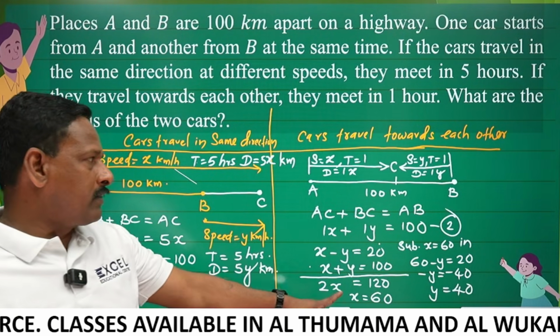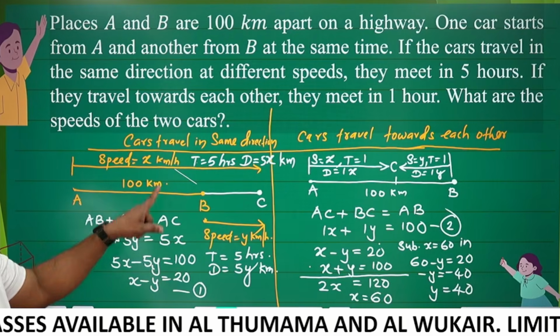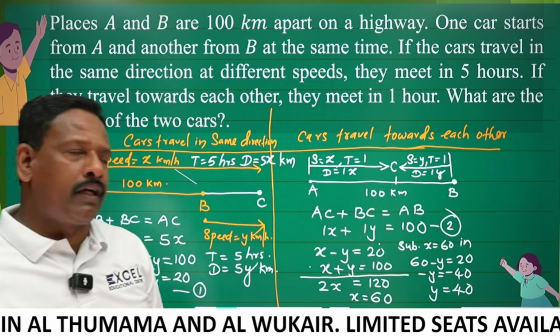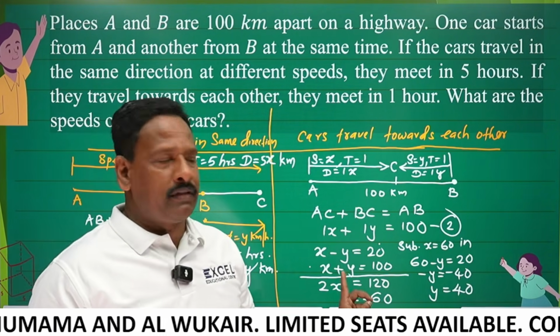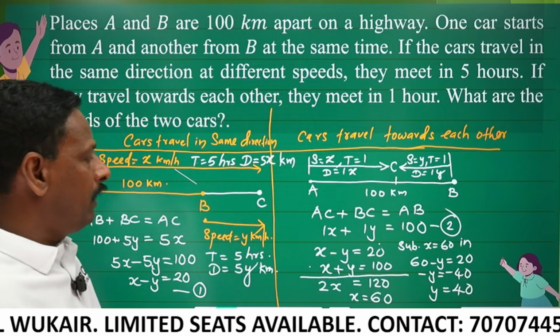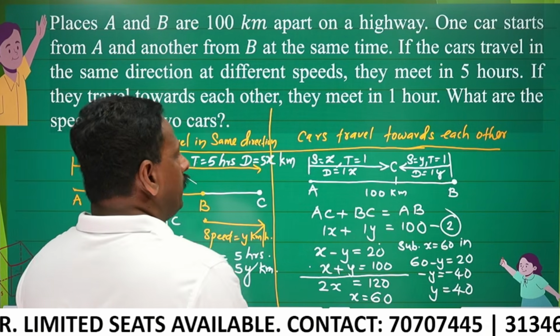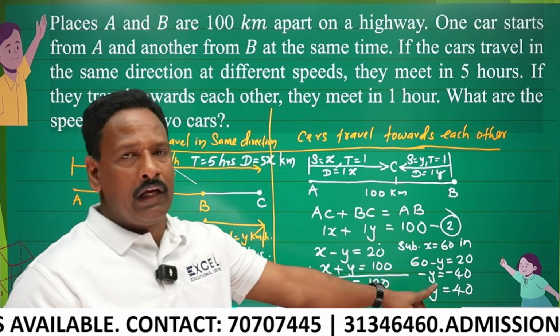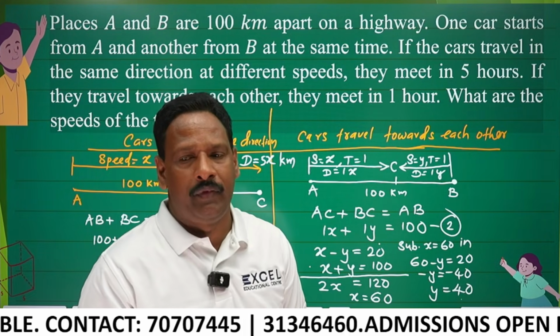What is this x? X is the speed of the car starting from A, which is 60 km per hour. And y is the speed of the car starting from B, that is 40 km per hour. Is it clear?